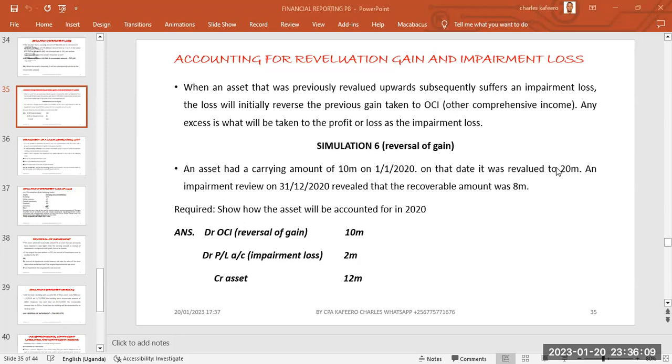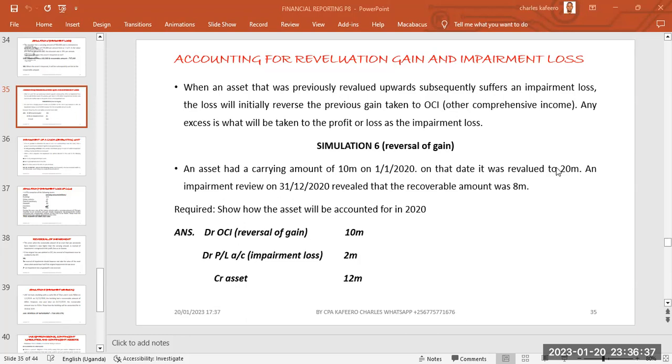So again, from the question, we are seeing that we had an impairment. The impairment was done as of 31st December 2020, and it revealed that the recoverable amount was 8 million. It means the other one was 1st January 2020, and now we are looking at 31st December 2020. That's a difference of 1 year.